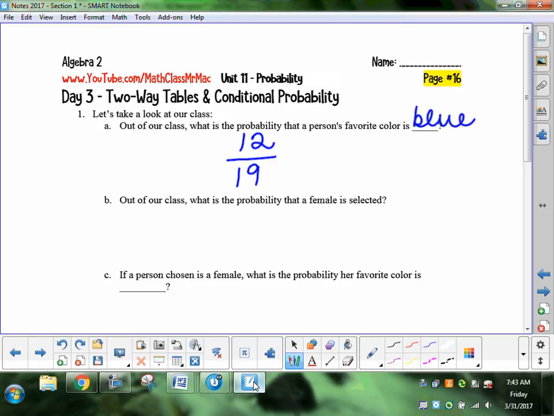Out of our class, what's the probability that a female is selected? Now, you all are going to look around the room right now and take a quick inventory. Don't forget to count yourself. Hands up, please, when you can answer that question. Wave to each other. Some of you are seeing each other for the first time, it looks like.